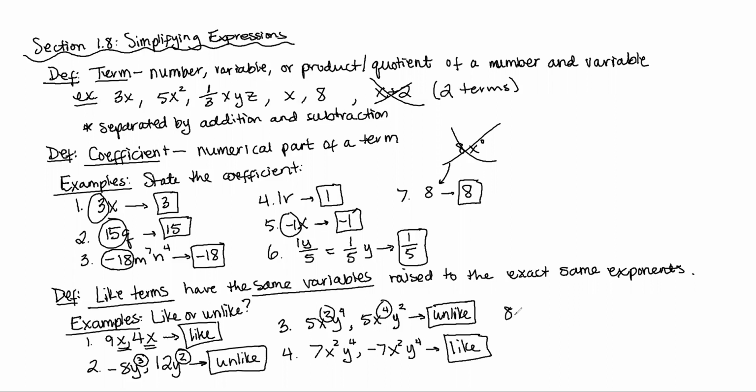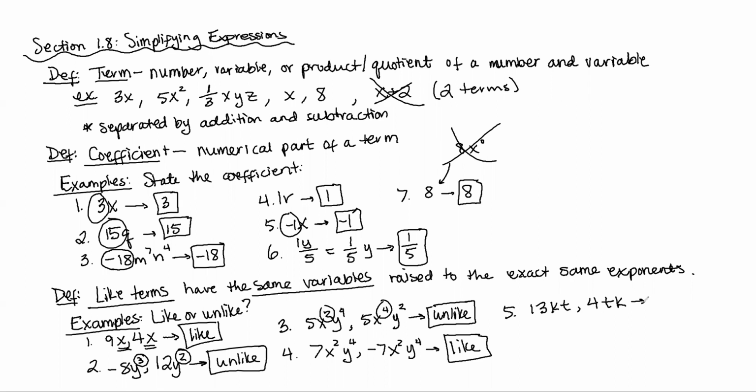Oh, jumped all the way to number 8. Number 5. Number 5 here, we're given 13kt and 4tk. So with this one, a lot of the time people see this and think that these are unlike because they're in a different order.